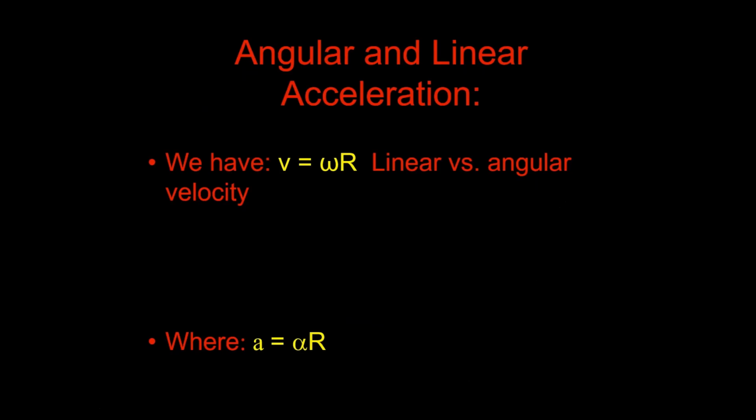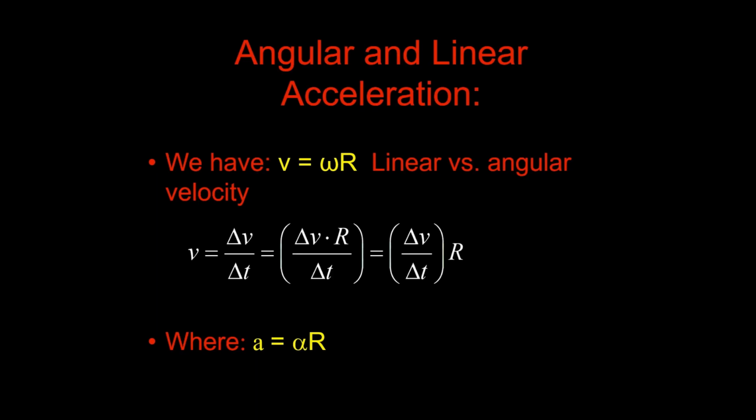So we have v equals omega r, and that's our linear versus our angular velocity. We can also then say that a is delta v by delta t here, which is going to be delta v by r times r over delta t, which becomes delta v over delta t r. That means acceleration, in our case, will end up being this alpha times r.